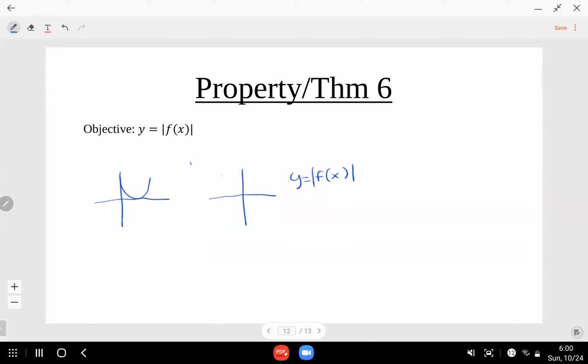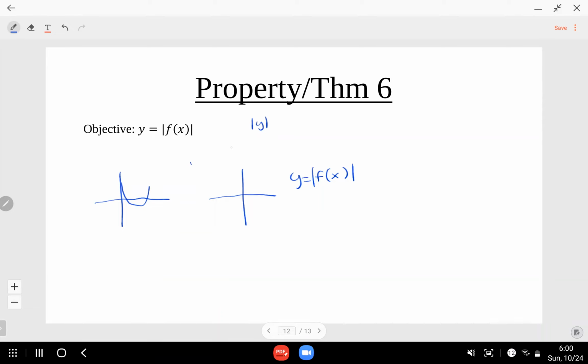Since the absolute value of f of x must be positive, the y value must also be positive because y equals f of x.